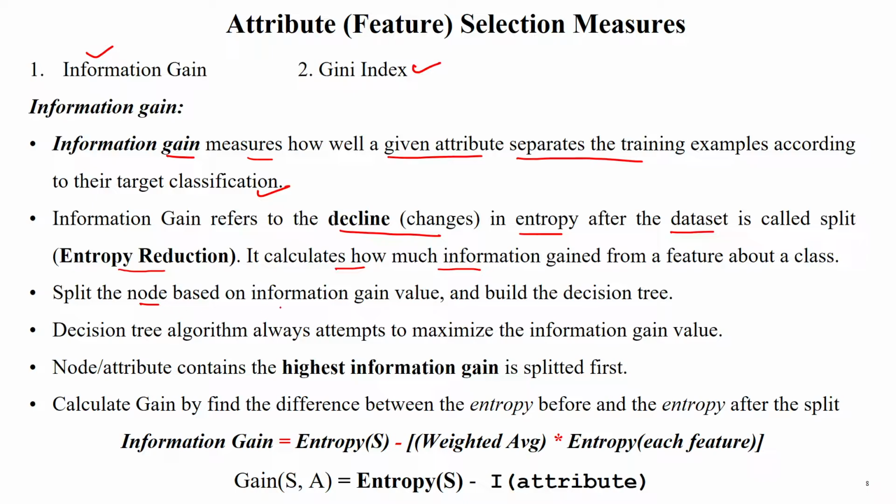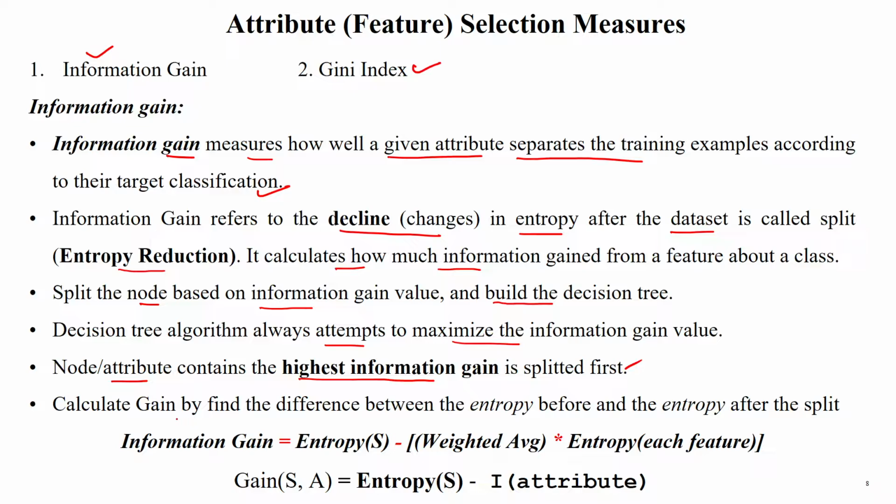Splitting the node is based upon the information gain value, and based upon the information gain the decision tree starts to build. The decision tree algorithm always attempts to maximize the information gain. Whichever attribute is having more information gain is going to be splitted first. So that is the better attribute which is contributing more information to our solution.